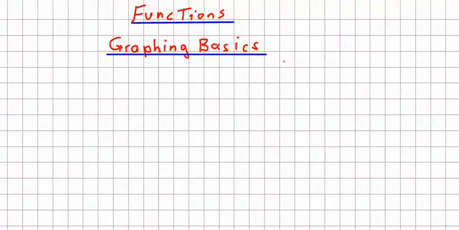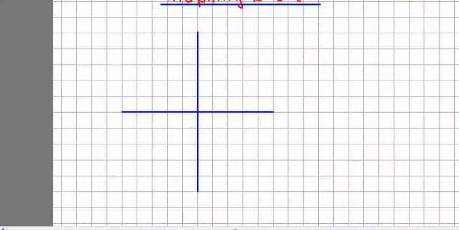Okay, to begin with, I want to draw a graph. This graph is called our XY coordinate plane.